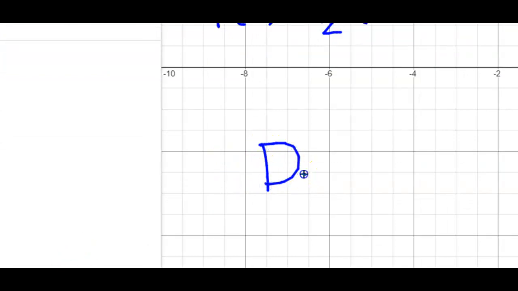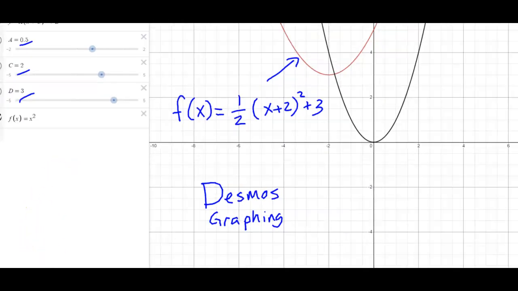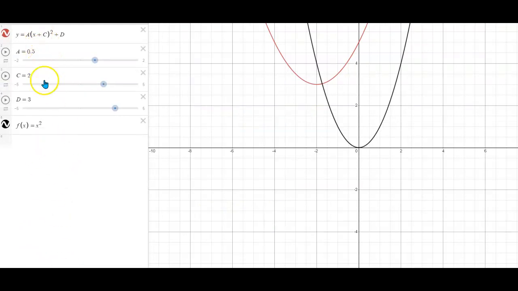If you want to be able to play with this on your own, you can Google Desmos graphing, and you can set up these sliders exactly the way that I've set them up here, and it will give you these options.